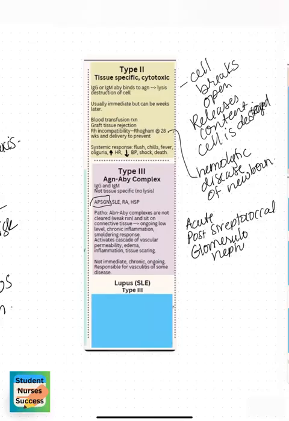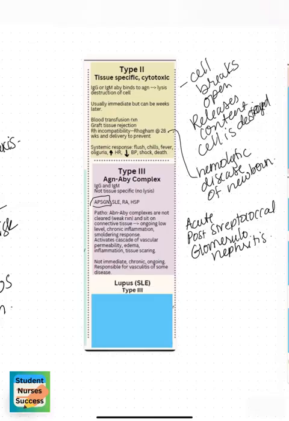So with this, it is after a strep infection that has been either incompletely or not treated. And so those strep toxins kind of sit with these antigen antibody complexes and cause this reaction in the kidneys. And actually, that's where the glomerular nephritis is.